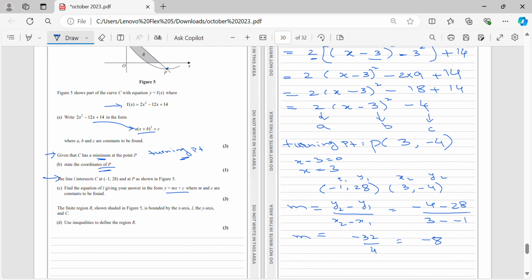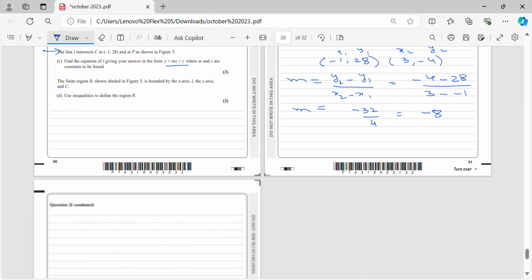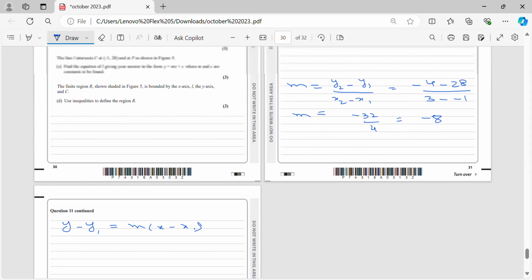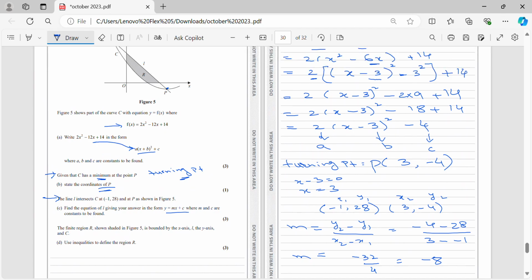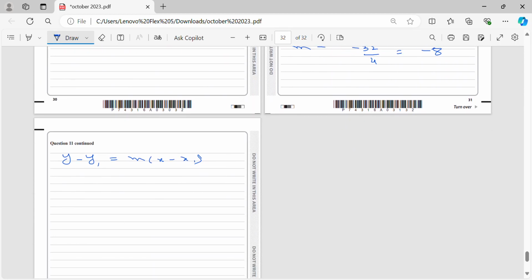Now I have to form an equation of a straight line. For that, I need y minus y1 equals m into x minus x1. So I need one coordinate. Pick one of them, it doesn't matter, either this coordinate or this, because both lie on the straight line. Substitute x and y, replacing y1, x1.